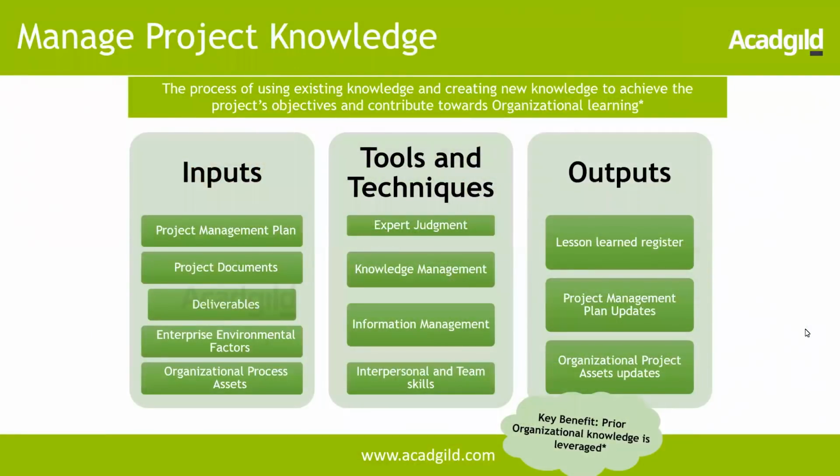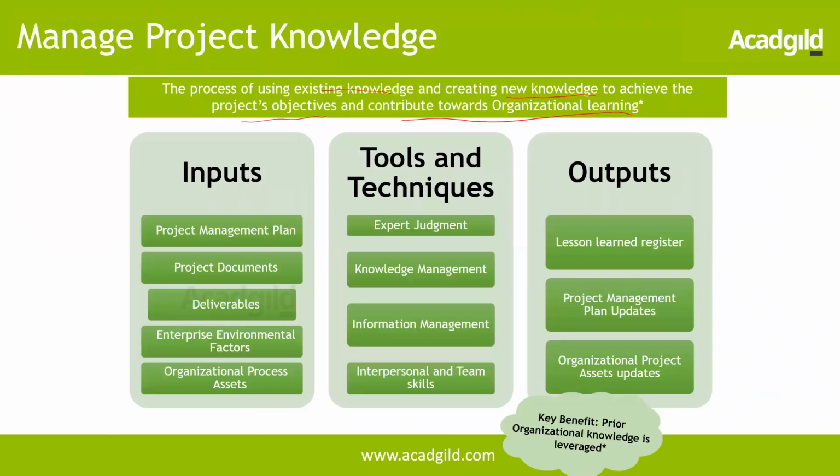So moving on, we are coming to the next process, which is the manage project knowledge. This is a new process that's been introduced in the PMBOK 6th edition, talking explicitly about the lessons learned. As per PMBOK, this is a process of using existing knowledge and creating new knowledge to achieve the project's objectives and contribute towards organizational learning. So let's look at the key inputs, tools and techniques and outputs for this manage project knowledge process.